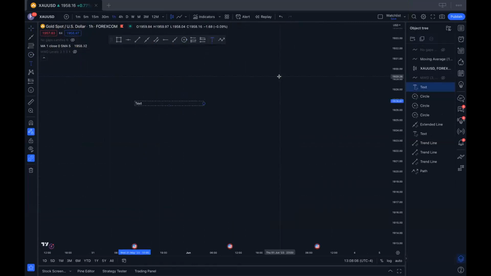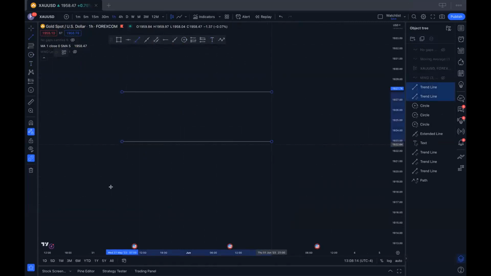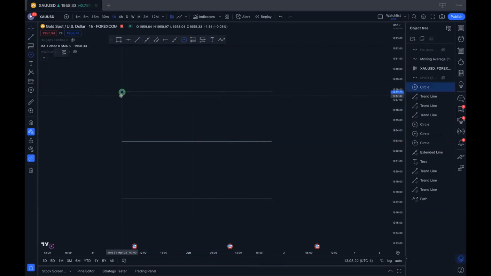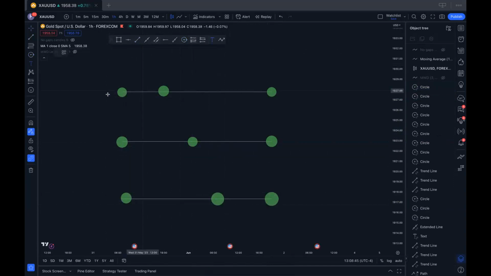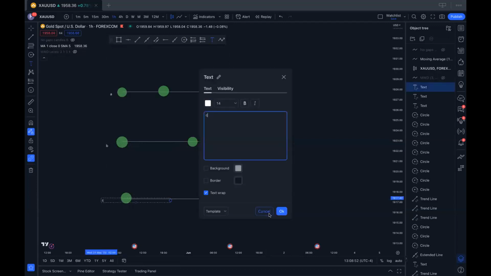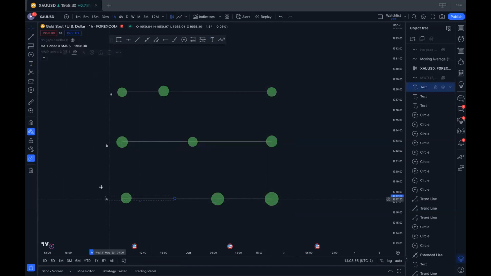Okay, we have... Can someone tell me which example is the best one?